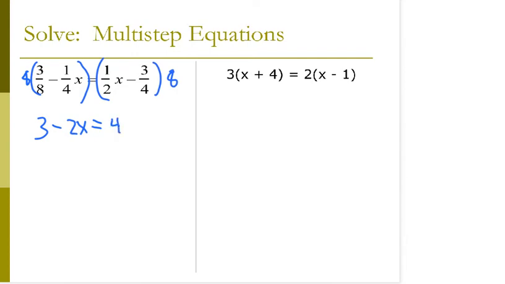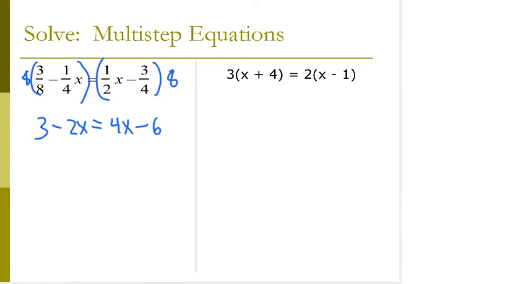Then 8 times 3/4 is really just 8 divided by 4, which is 2, times 3 is going to be 6, so we have -6. So what looked like a very difficult problem is actually something that's very easily done. We just have to eliminate a variable and then do what we did in the previous examples.